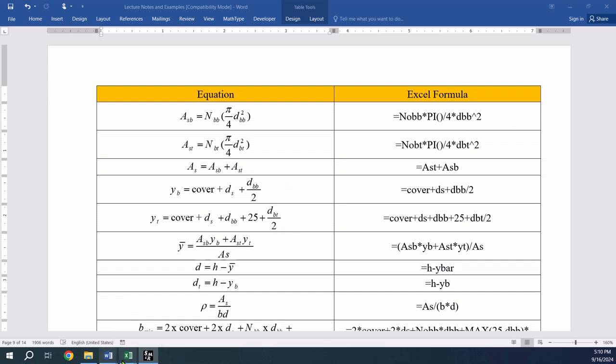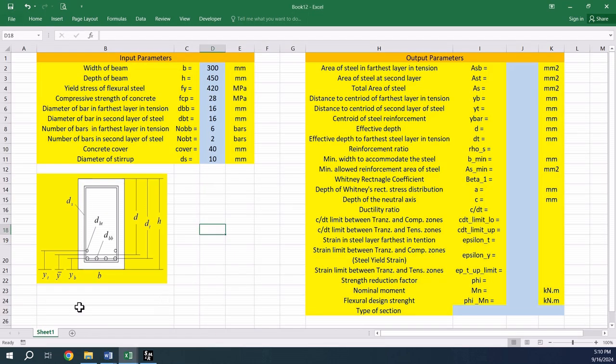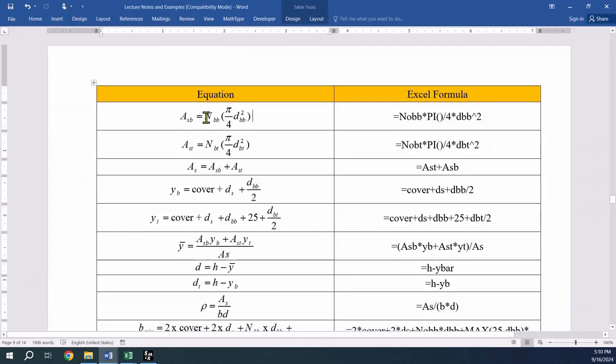So for example, if we look at the first parameter, which is the area of steel in the layer farthest from the neutral axis, this output parameter can be calculated using the following equation. Between parentheses we have the area of a single bar in the layer farthest from the neutral axis, which is pi over 4 d square, multiplied by the number of bars in the layer farthest from the neutral axis. This can be translated into the following.